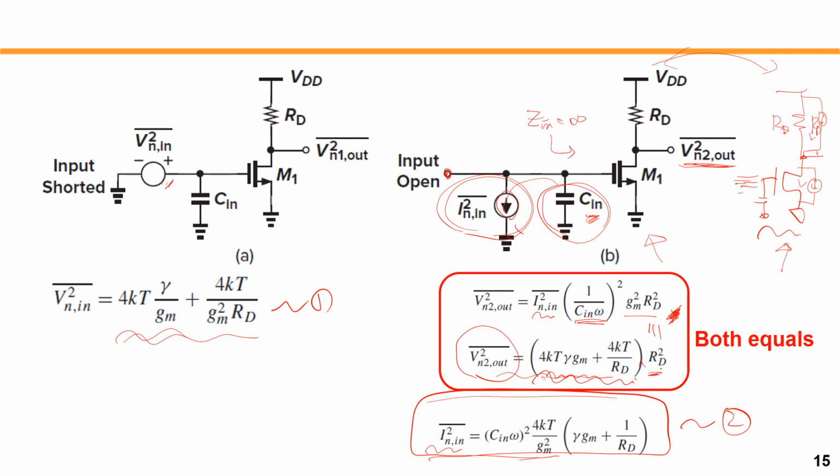Then the input reference noise current becomes 0, right? So if we don't consider Cin input impedance, then this input reference noise current becomes 0. In that case, we take into account only the noise voltage source. That would be enough in that case, okay?